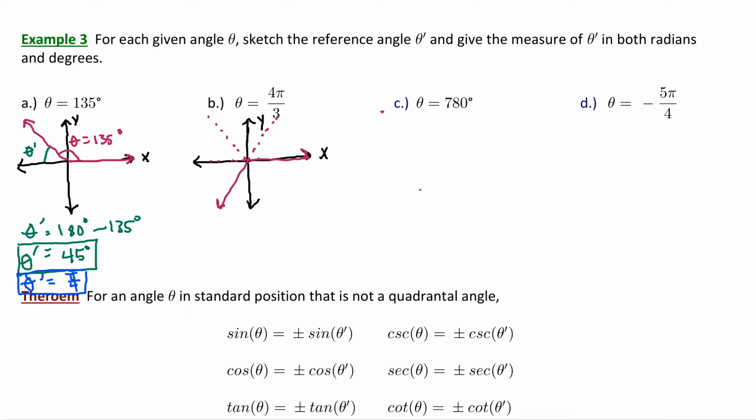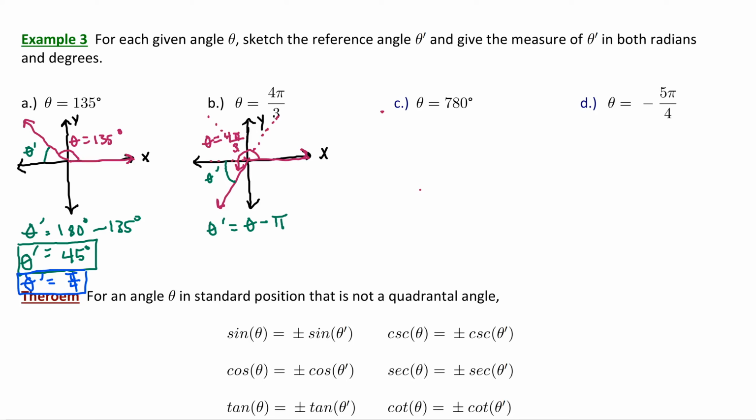So our angle theta in standard position, 4 pi over 3, lands in quadrant 3. So our reference angle will be made with the nearest x-axis. So this right here is going to be our reference angle theta prime. To figure out the value of theta prime, we're going to take our angle theta and subtract pi.